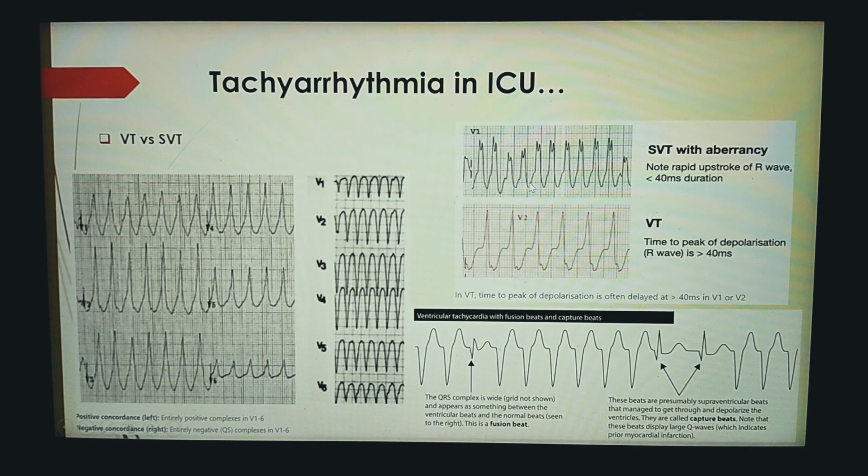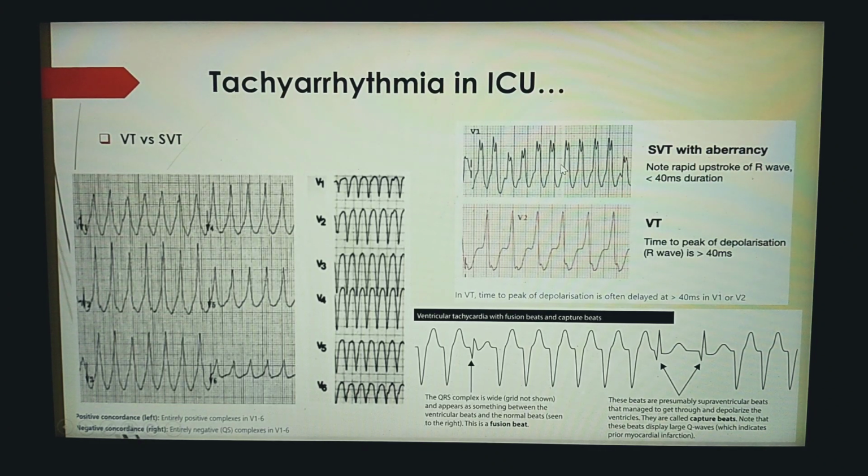Here the early part of the QRS complex is more rapid and more perpendicular, and here the early part of the QRS complex is more slow and slurred. There may be a projection, but here it is almost upright.